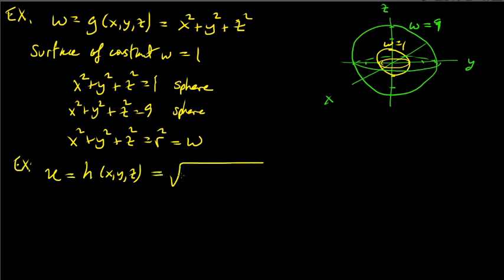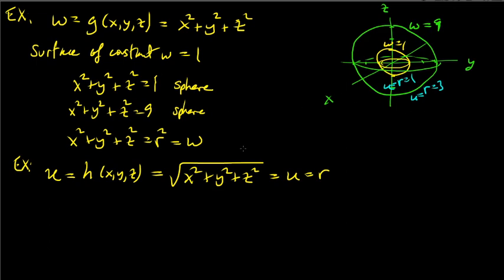You can make it the square root of x squared plus y squared plus z squared, and now u would be r, the radius. So here r would be 1, and here r would be 3, or u would be 3. U and r, same thing. I'm using u as the value of the function, but it also happens to be the radius of the sphere.